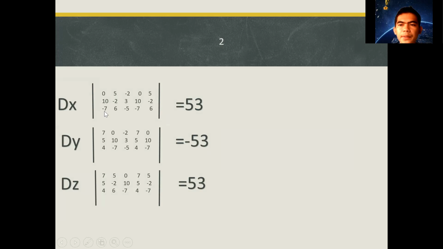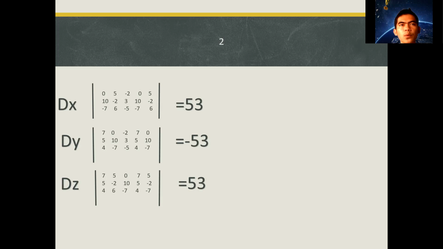To get determinant x, determinant y, and determinant z, we calculate and change the constants, like 0, 7, 0, 10, and -7 in the first column. We can fix it for dy, where we move to the second column 0, 10, and 7 and 7.